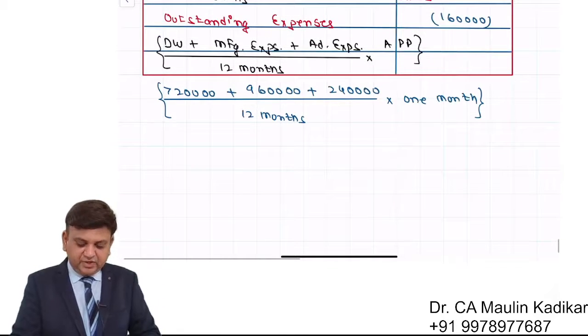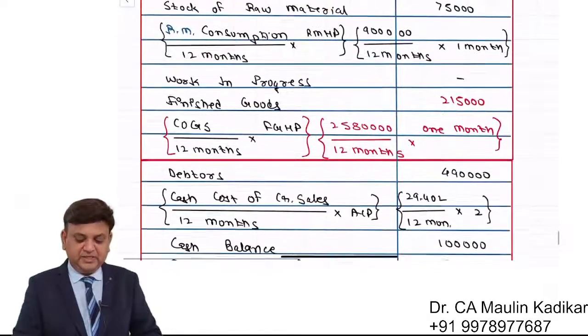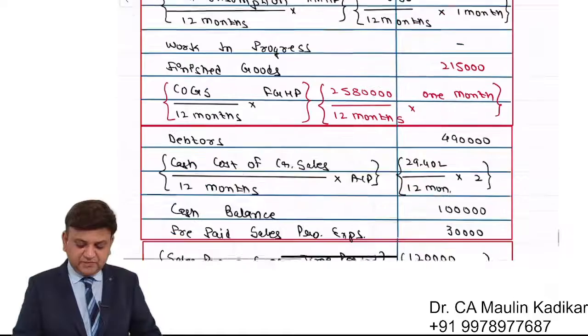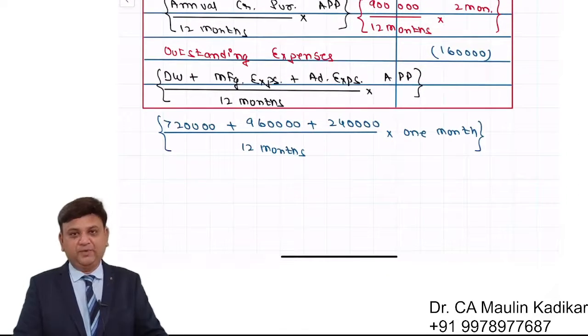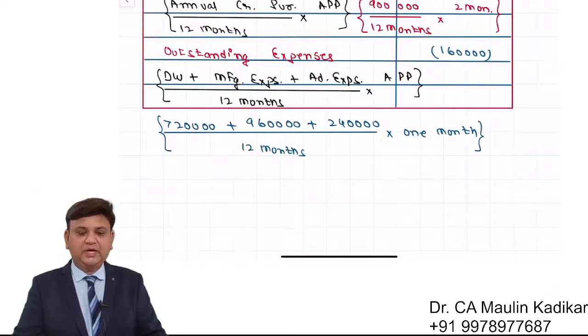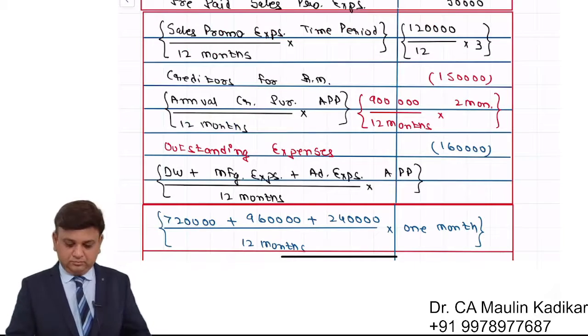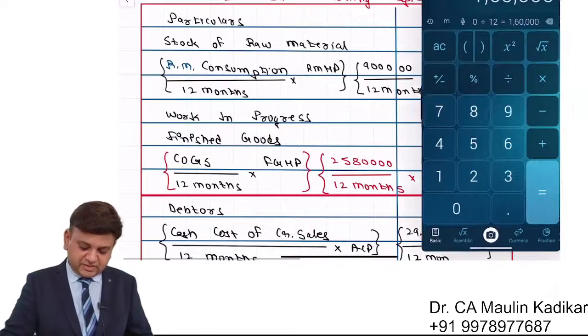This is the way we are required to make the computation of the working capital before margin for contingencies. Then margin for contingencies will be added to compute the overall working capital requirement. Try to complete the remaining answer on your own and put your answer in the chat box. So we'll have the final answer like this.